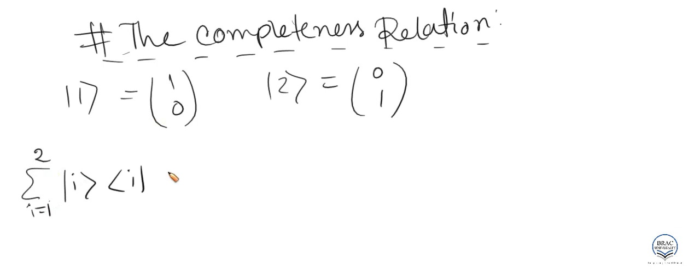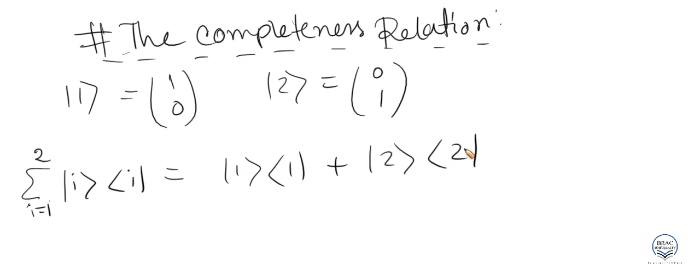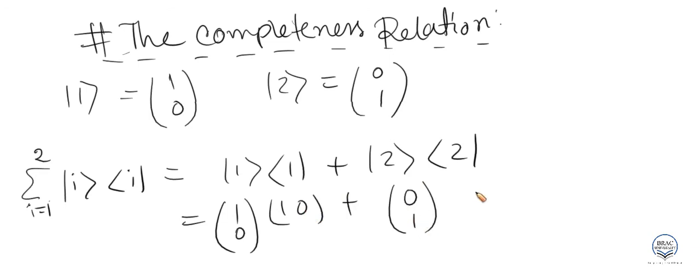Here it will be 2, so this will be |1⟩⟨1| and you will have |2⟩⟨2|. Very simple thing to do. And recall that in our past lectures we saw how to evaluate an outer product, but here I'm going to show you explicitly again. So |1⟩ was (1, 0), that is the ket of 1, and the bra of 1 was (1, 0). Similarly, this is (0, 1) and this is (0, 1).